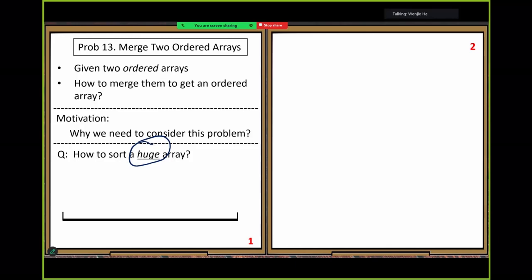So here, we can assume the size of our original data is greater than the size of the main memory. In that situation, how do you sort your data? Let's think about main memory, RAM.